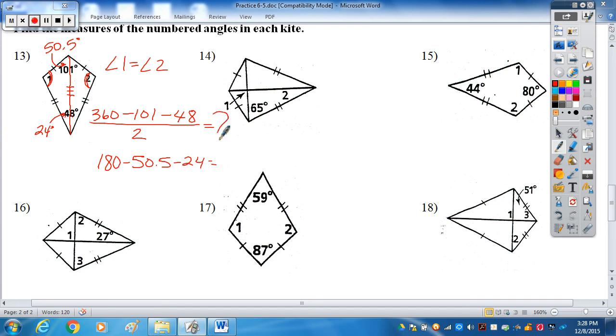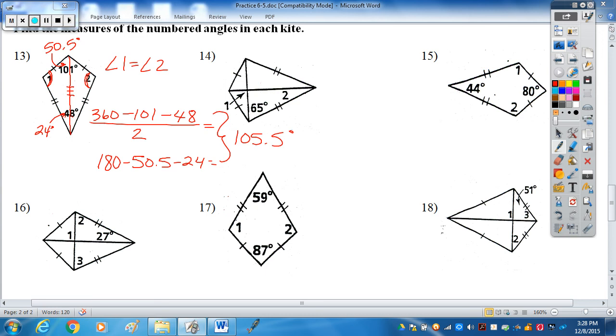In both situations, angles 1 and 2 will both be 105.5 degrees. Okay? So, 2 different ways you could go ahead and solve that one there. Either one of them is correct.